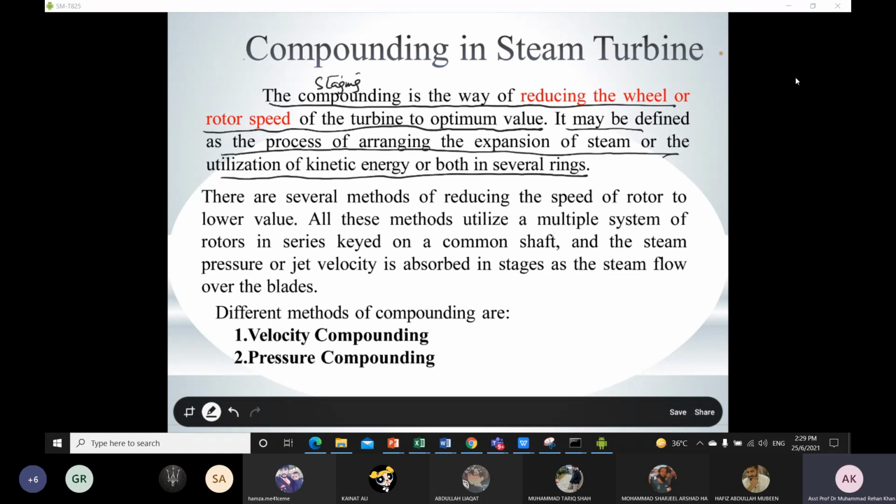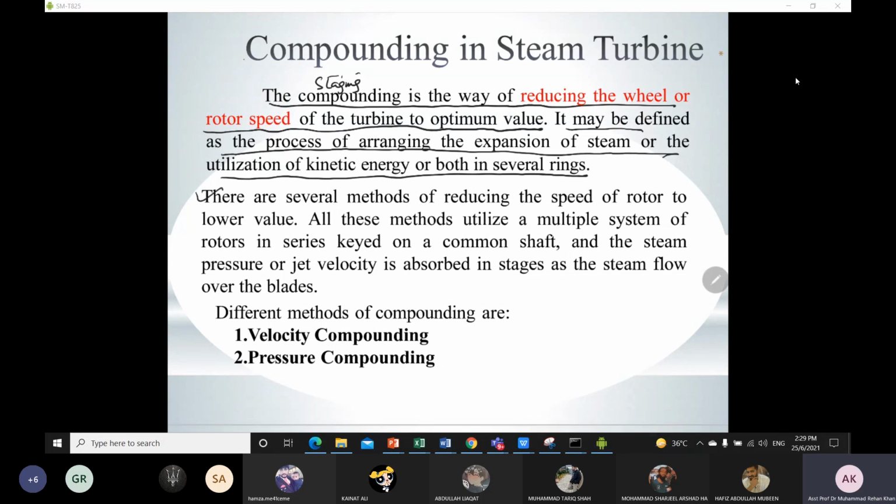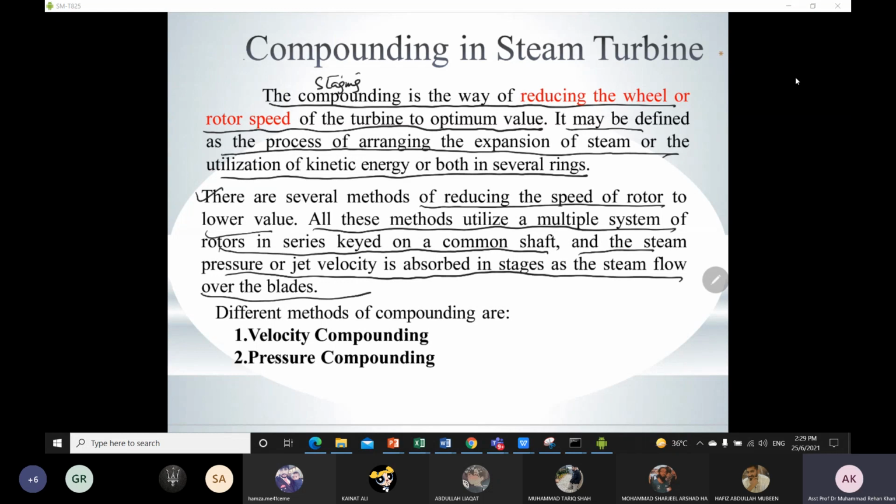Okay, so all these types of arrangement are basically called compounding, by which we can reduce the wheel or rotor speed. So there are several methods of reducing the speed of rotor to a lower value. And all these methods utilize a multiple system of rotors in series keyed on a common shaft, and the steam pressure or jet velocity is absorbed in stages as the steam flows over the blades.